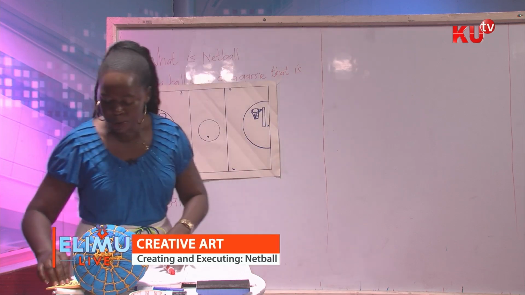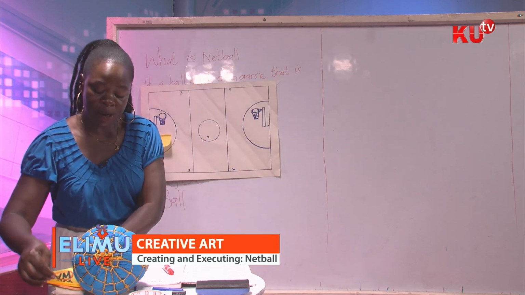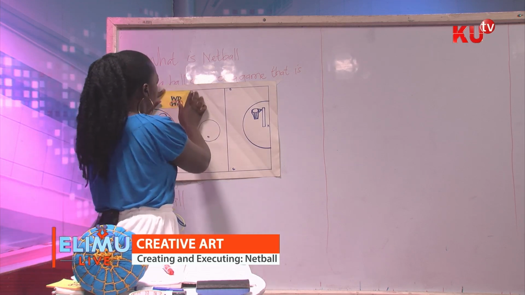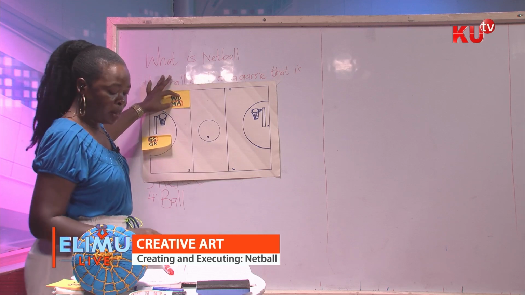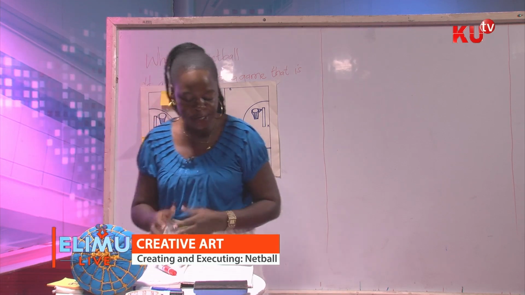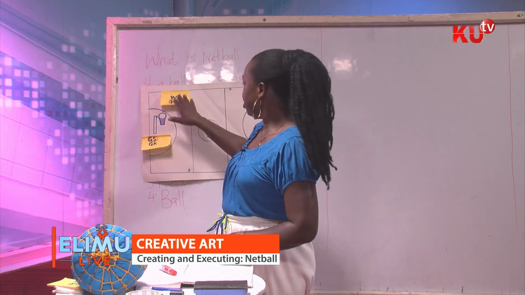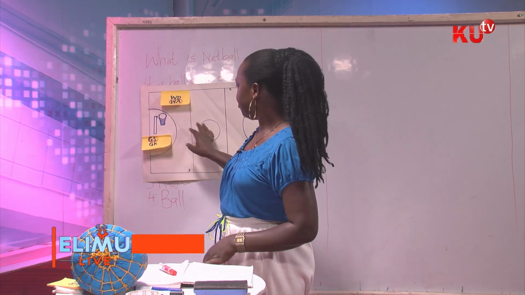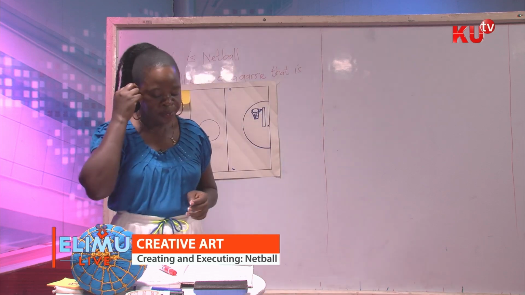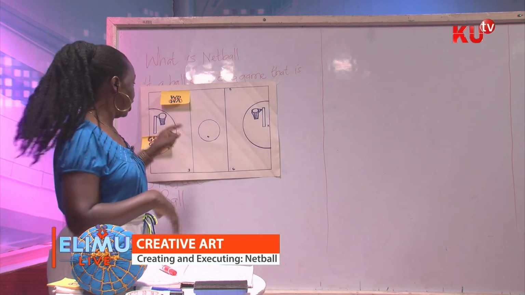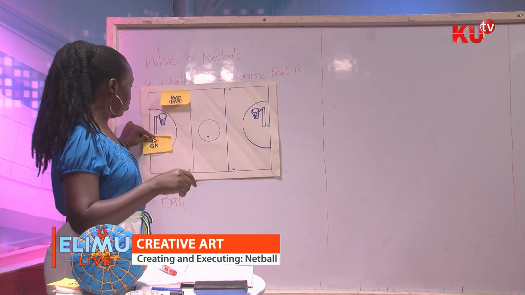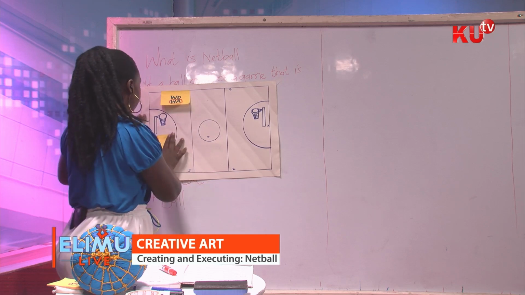Then number 2, we have the wing attack and the wing defender. The wing attack's work is to receive balls from the center, and then pass the ball to the goal shooter to shoot.